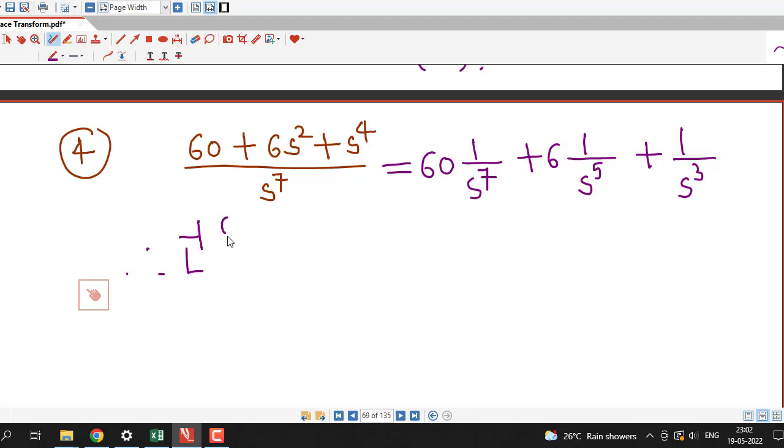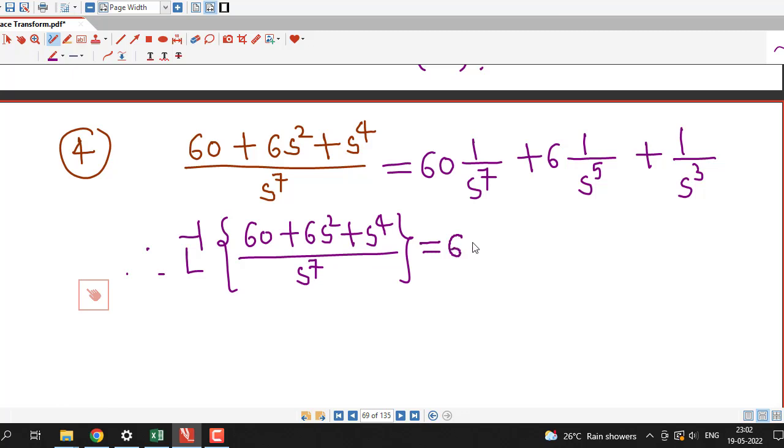Therefore the inverse Laplace transform of 60 plus 6 times s square plus s raised to 4, divided by s raised to 7. Now we directly write 60 times L inverse of 1 over s raised to 7, that is t raised to 7 minus 1, that is 6, divided by n minus 1 factorial, that is 7 minus 1 factorial, which is 6 factorial.